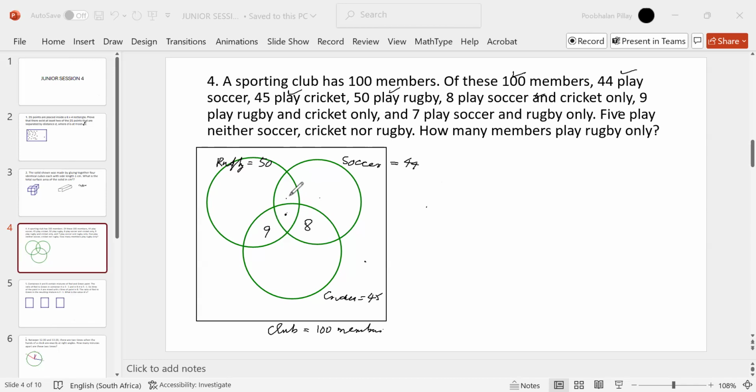And 7 play soccer and rugby only. So you've got that, and you don't have that, you don't have that. And the question is, how many people play rugby only? All right, to actually answer this, let's fill in this. Let's call this X. In other words, let X be equal to the number of members who play all 3.